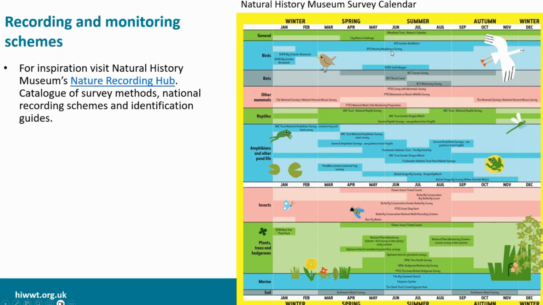So it's a great quick reference tool. And also these are all active links, so you can just click on the BTO Garden Birdwatch or the RSPB Swift Mapper, for example, if you're interested in that, and it will take you through to those schemes.